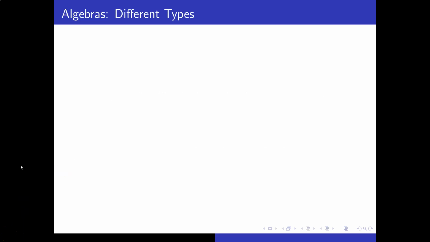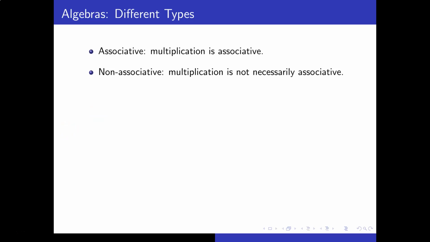All right. Now, just as with groups, even more so with rings, even more so with algebras, there are hordes of different types. Okay, so while we do not require associativity, it could be. Okay, you could have an associative algebra. Matrices are an example of that. Multiplication there is associative.